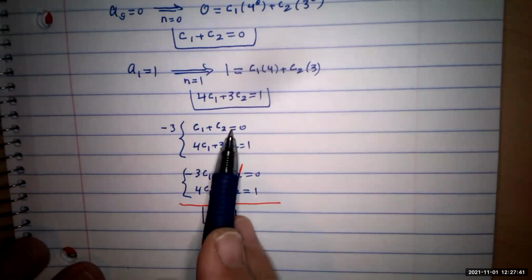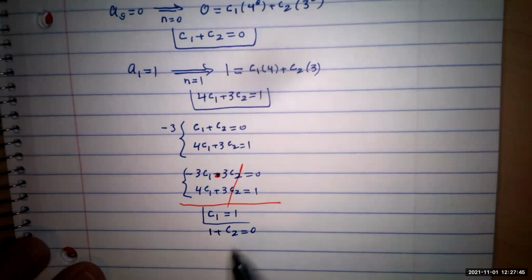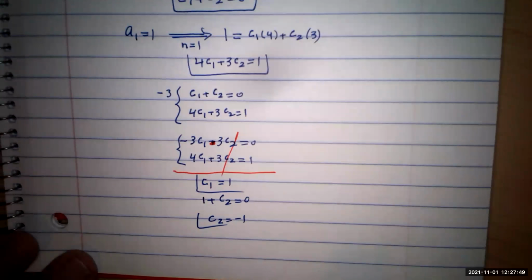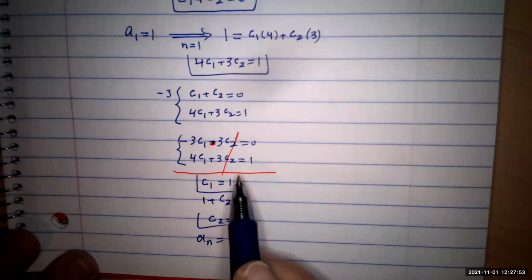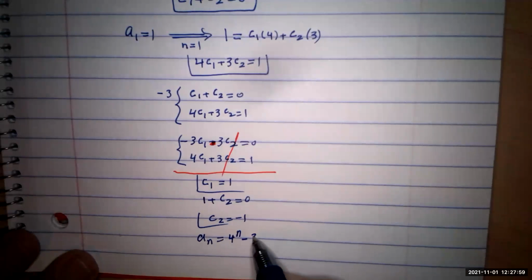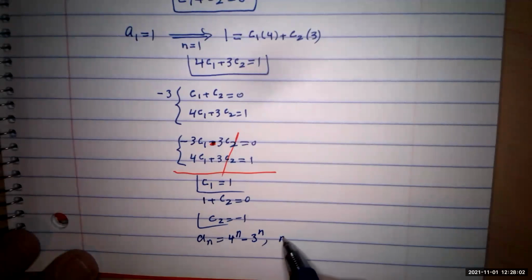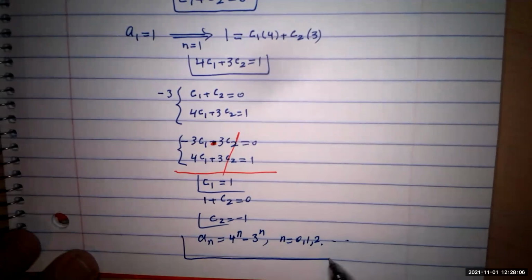You go back and substitute here. So 1 plus C2 equal to 0. So C2 would be negative 1. So the general solution a_n is equal to C1 which is 1, so that gives you 4 to the n, plus C2 which is negative 1, minus 3 to the n, for n equal to 0, 1, 2, etc. So this gives you the general solution.